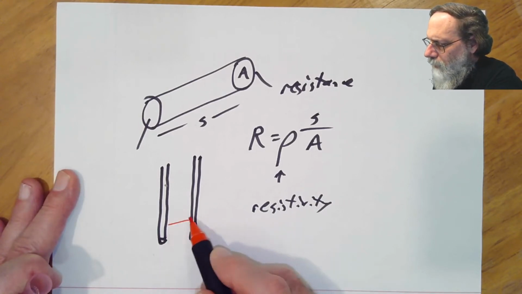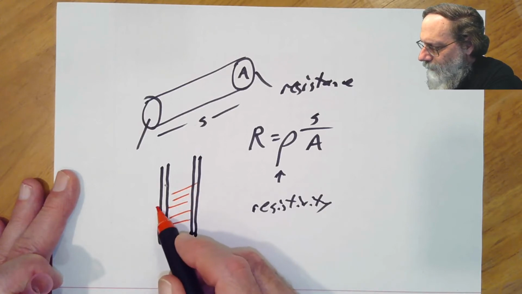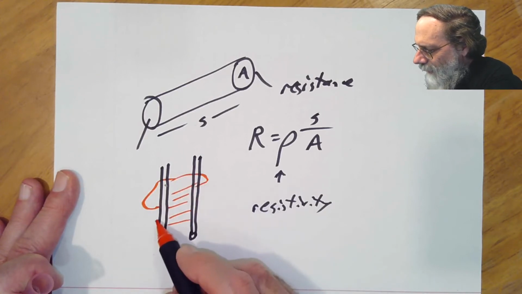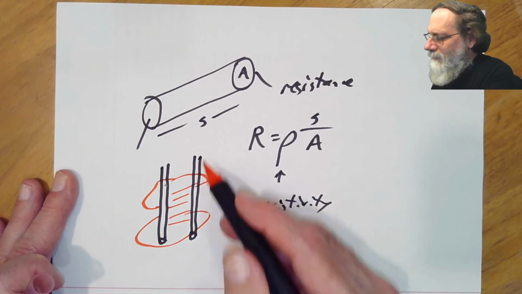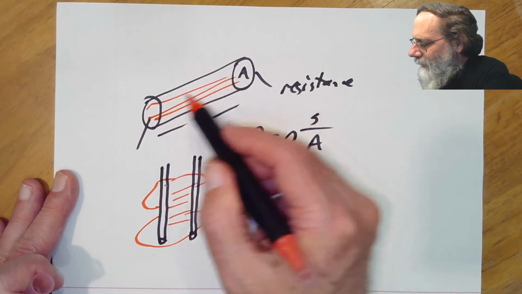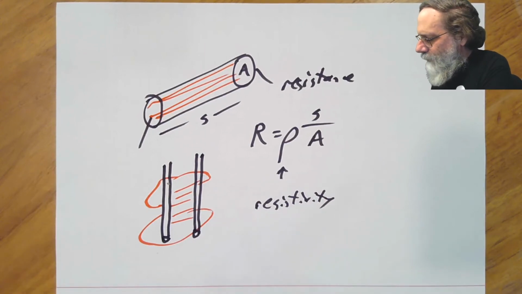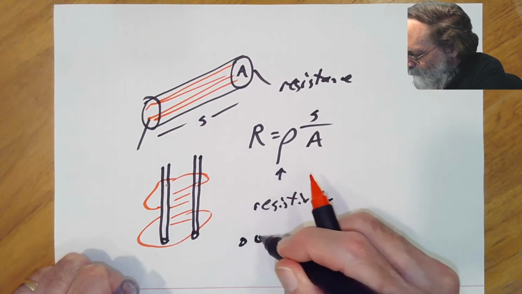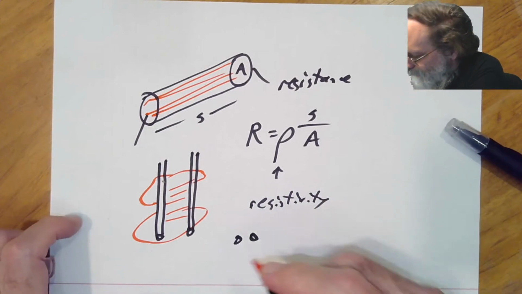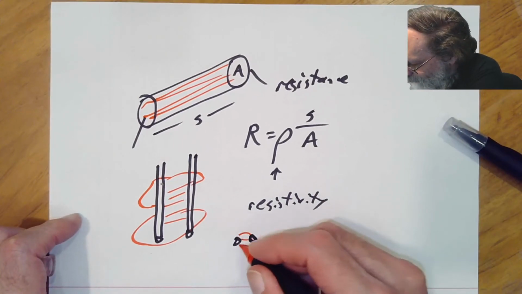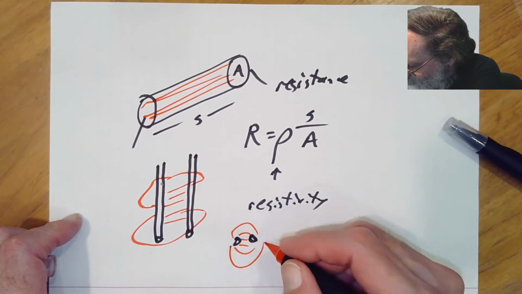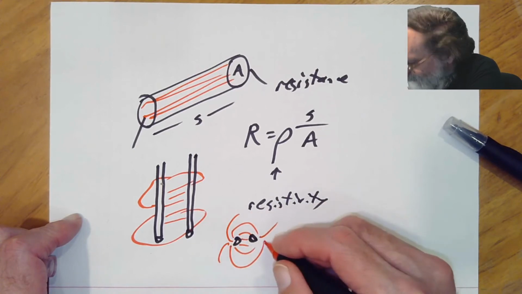And what they're doing is they're correcting for the field lines you get, as here everything was straight lines from one end to the other, but here, if you look at it in cross section, you've got electric field lines that run like that.